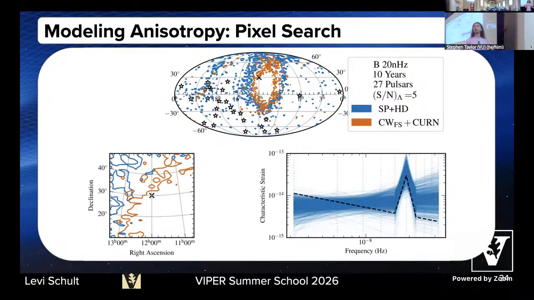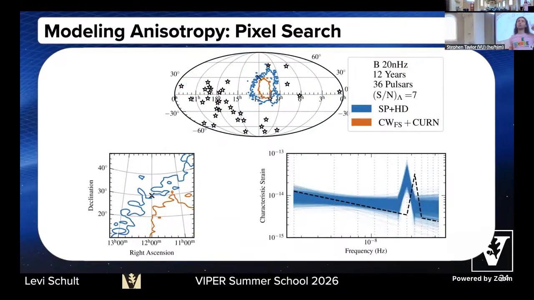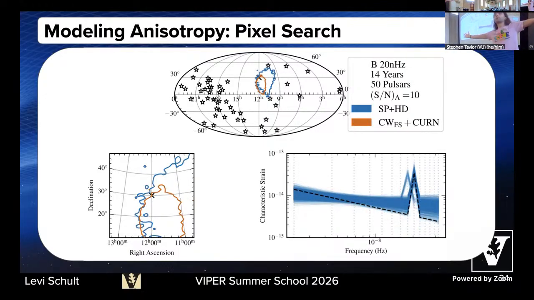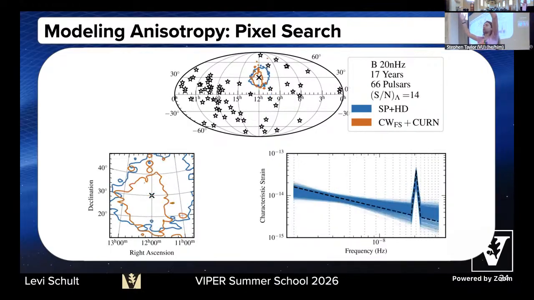This is another way to do it, where instead of searching for each pixel individually one at a time with a bunch of runs, we say, I have all of these overlap reduction functions for every point on the sky. We can just let the data choose which pixels are most responsible.